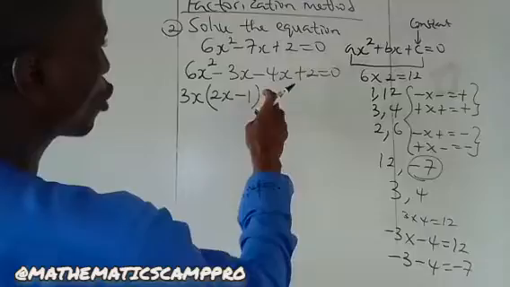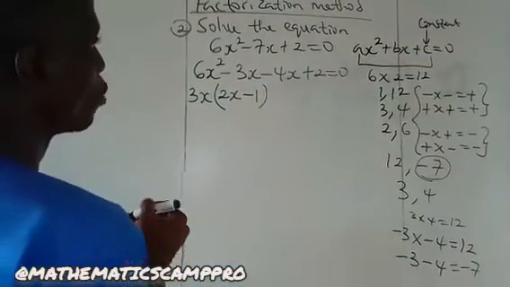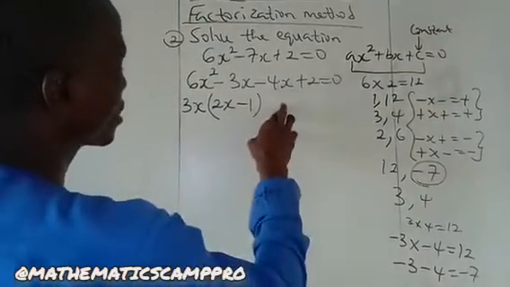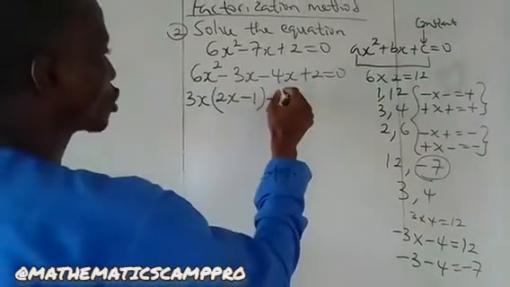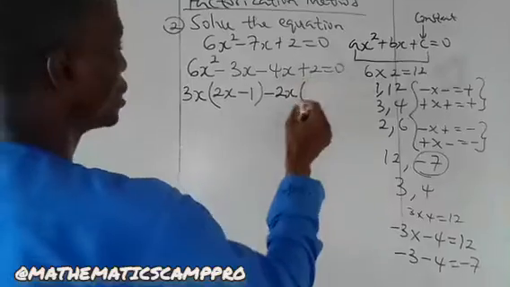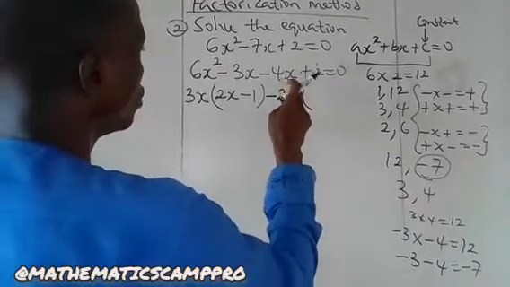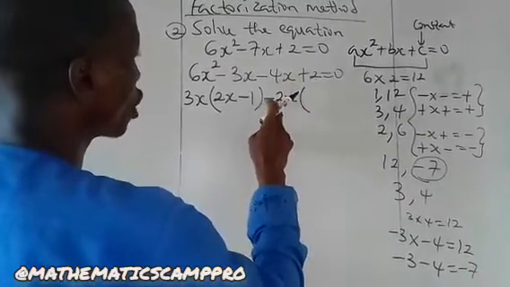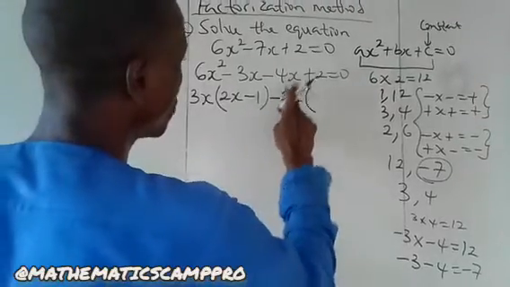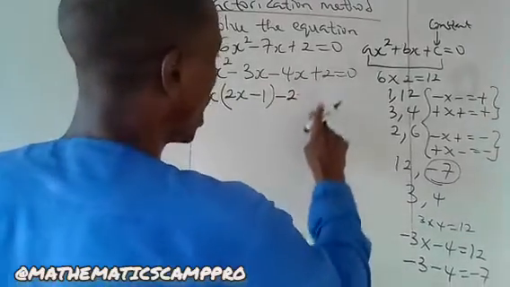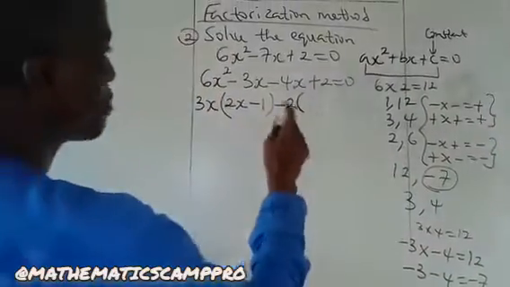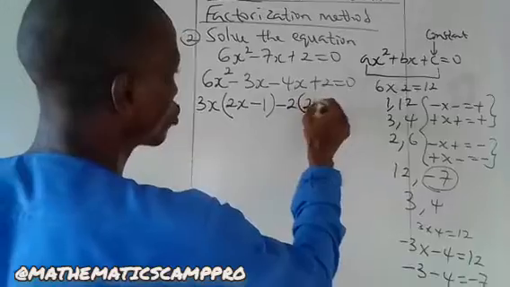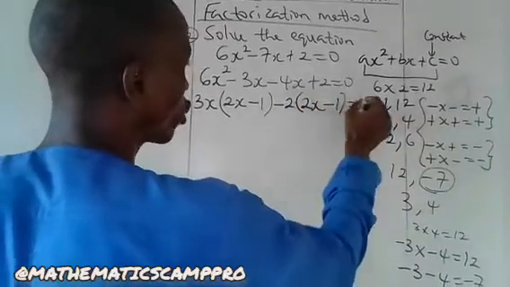Then for the other pair, we are going to have minus 2 here. Viewers at home, I hope you are following me. Minus 2 dividing minus 4x and 2 is going to be 2x minus 1 equals 0. I hope you are with me, viewers at home.